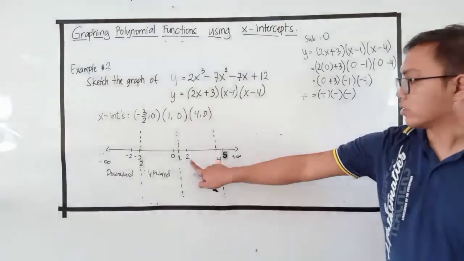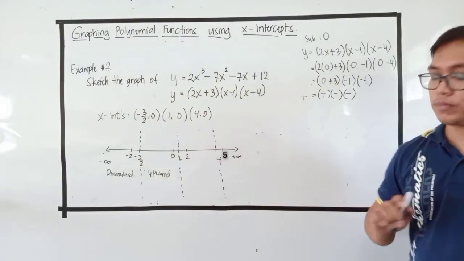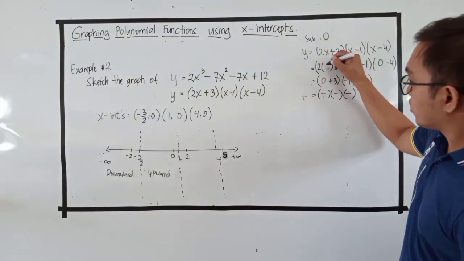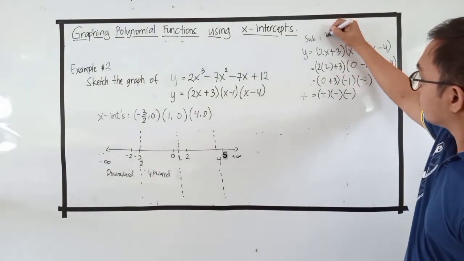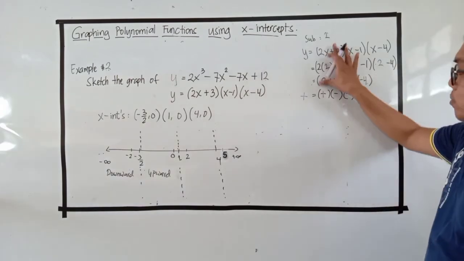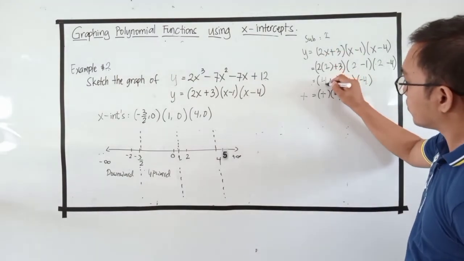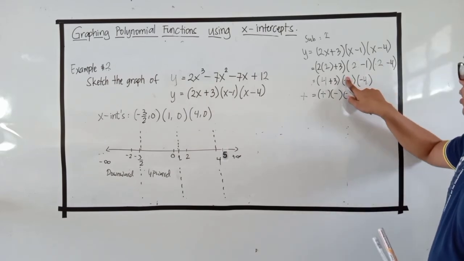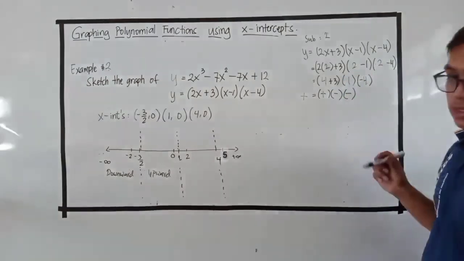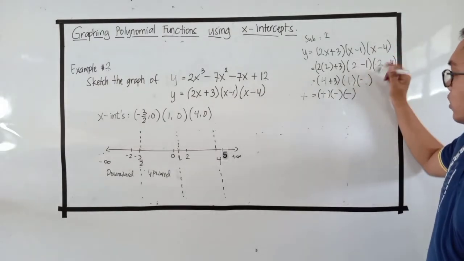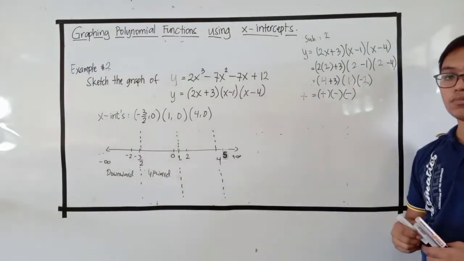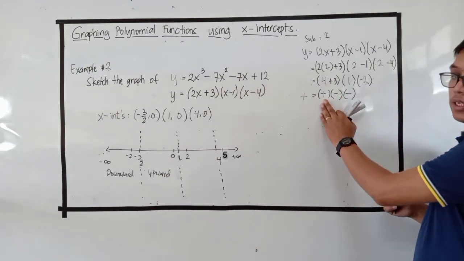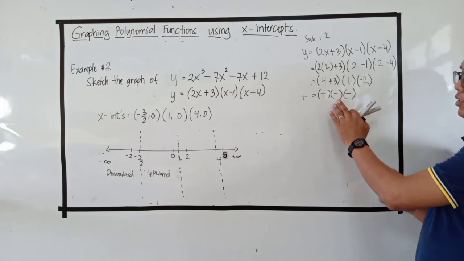How about in between 1 and 4? We can use 2. So, substituting positive 2, 2 times 2 is positive 4. 2 minus 1 is 1. 2 minus 4 is negative 2. 4 plus 3 is positive. 1 here is positive.